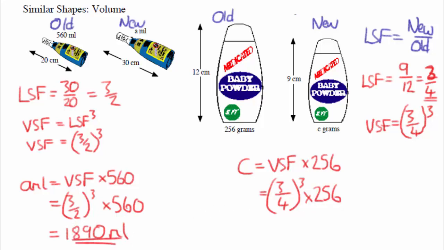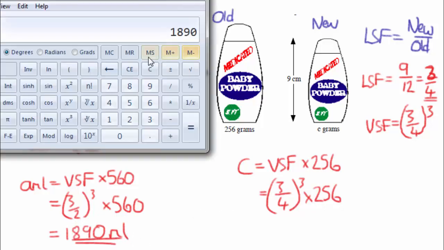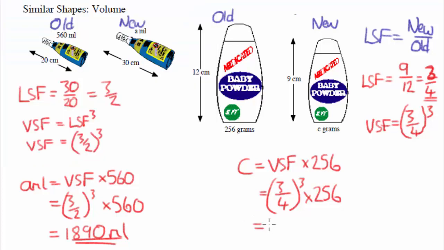Okay, if we then look at the next one, let's clear the memory, it's 3 divided by 4. Okay, and we're going to cube that. And then we're going to times that by 256. And that is 108 grams.